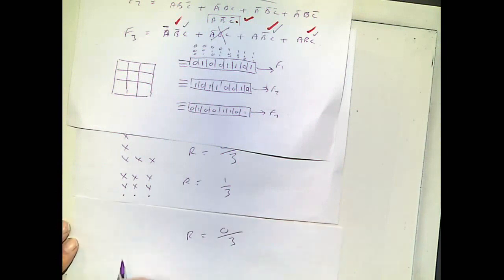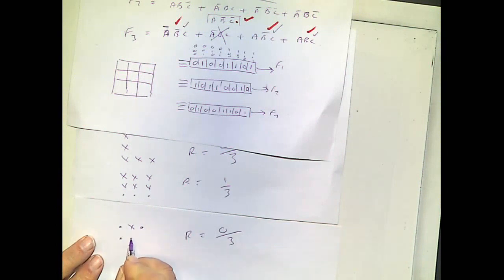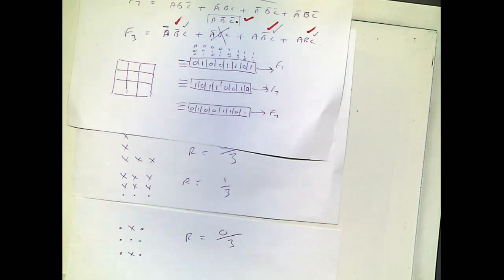Top row 0, 1, 0. Middle row 0, 0, 0. Then 0, 1, 0. So that pattern is nothing like an X according to this system that's learnt little noisy X's. Everybody understand why that's 0?